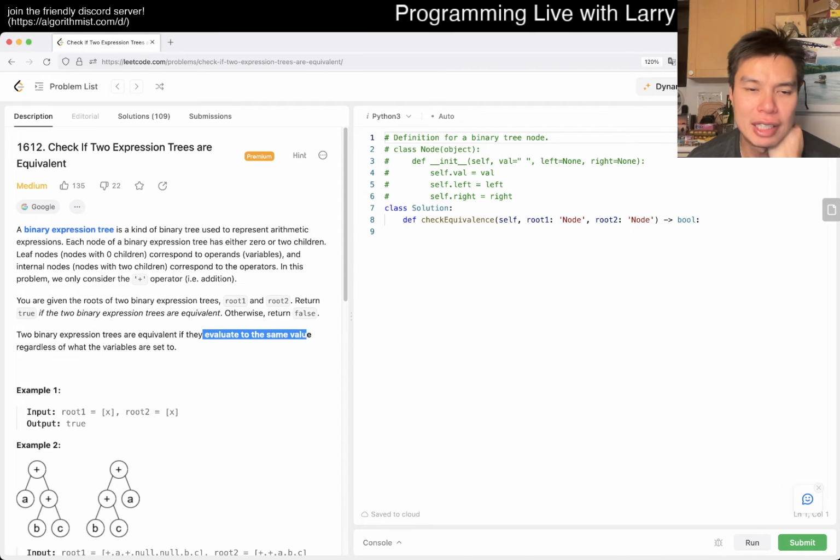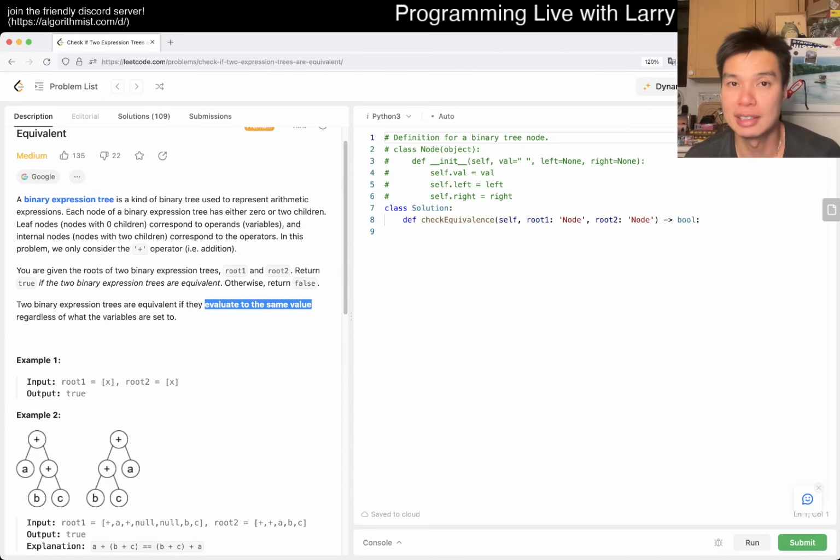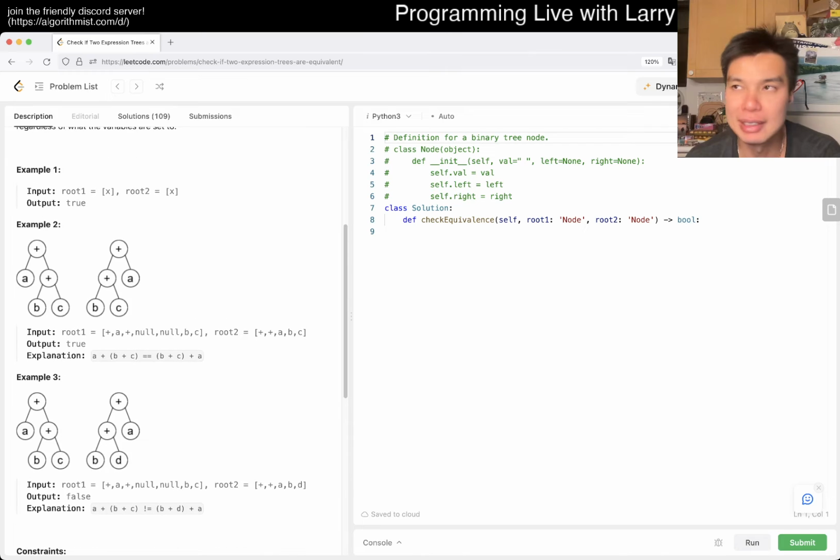Okay, yeah. I was reading to see what they consider equivalent, and it's that they evaluate to the same value. And I think the idea here with addition is that, like I said, it's commutative and distributive. So that means that if you have the same number of variables for each one, that should be fine.